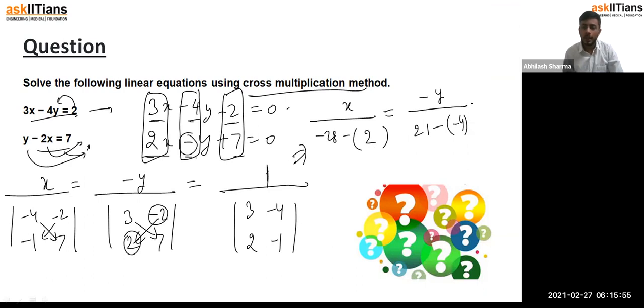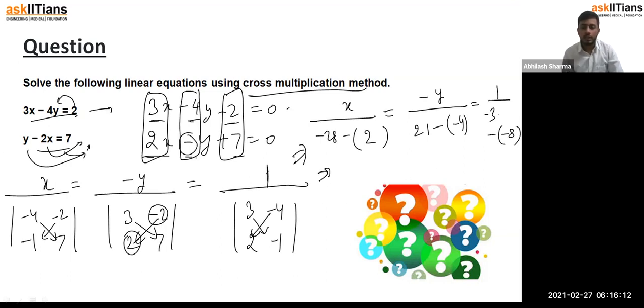Equal to 1 upon 3 into minus 1, which is minus 3, minus the cross multiplication of this, minus 4 into 2, which is minus 8.